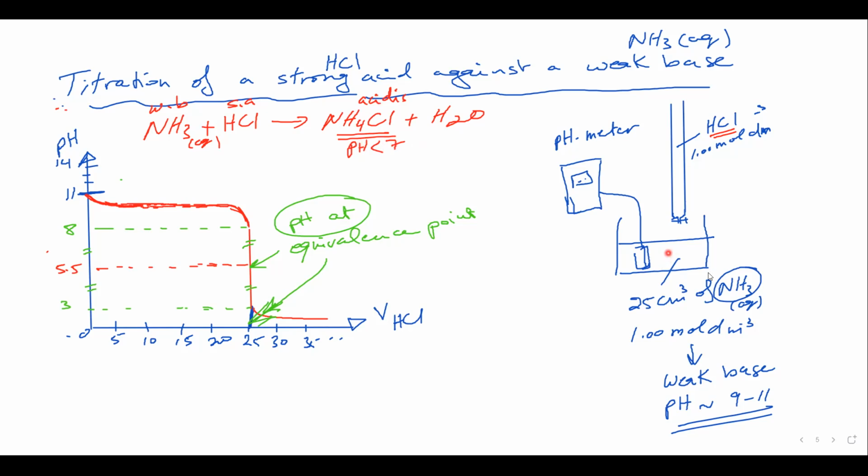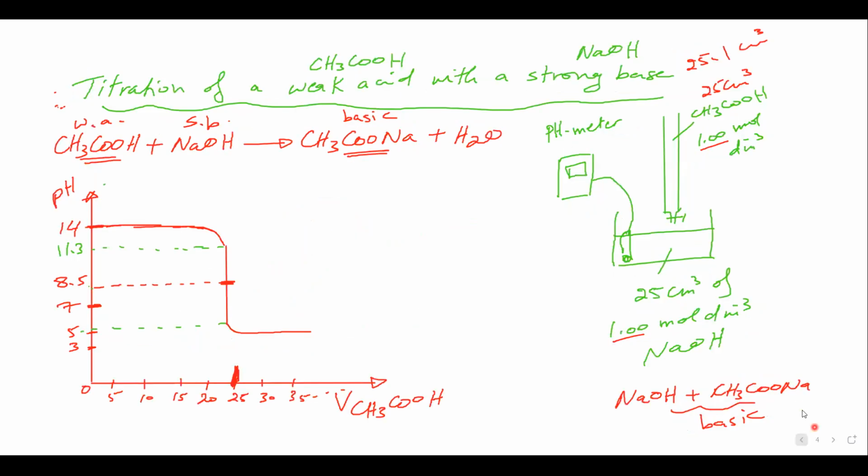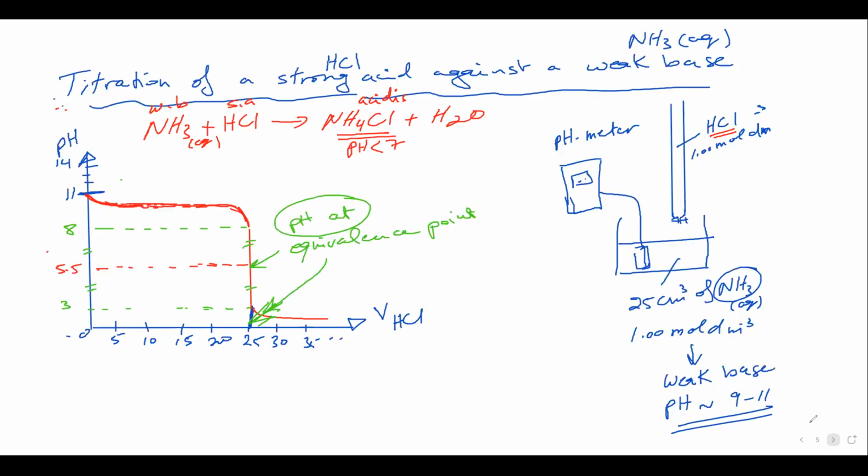And this is also true in all the previous curves. Here, this is the equivalence point, and this is the pH at the equivalence point because the solution now is basic. A basic salt is formed. Okay, thank you so much.